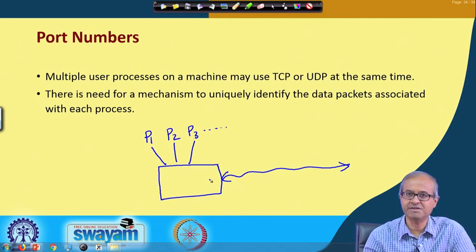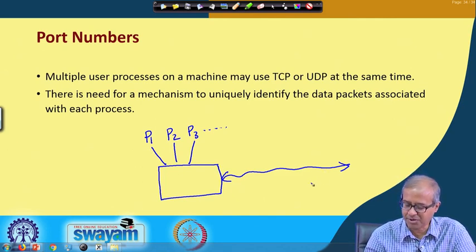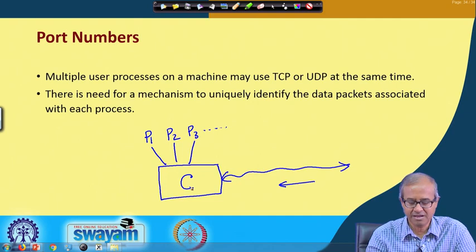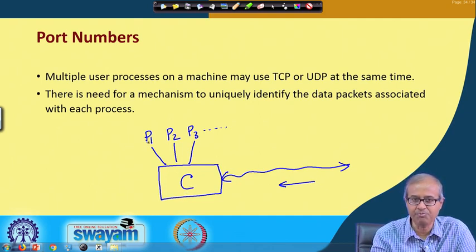Suppose P1 has sent some data to somebody, and that somebody is sending back a response, a packet coming back. So, when the packet reaches this computer C, how will this computer know that this packet has to be sent to P1 and not P2?